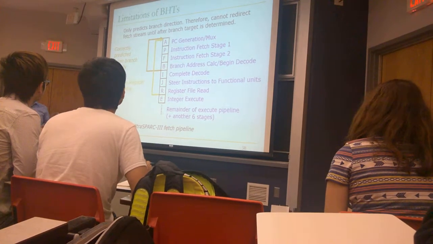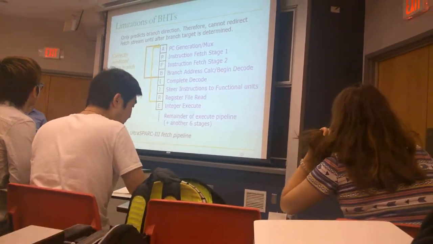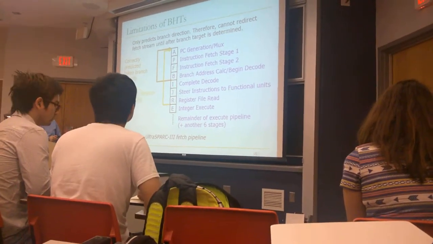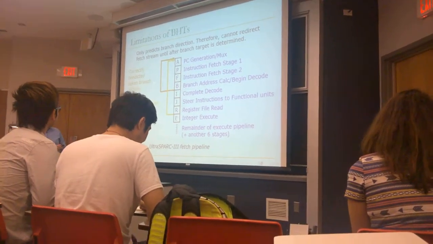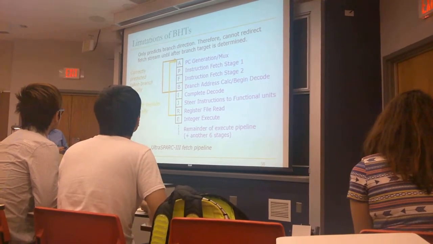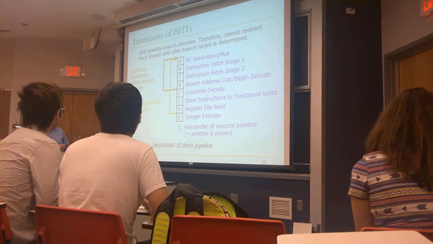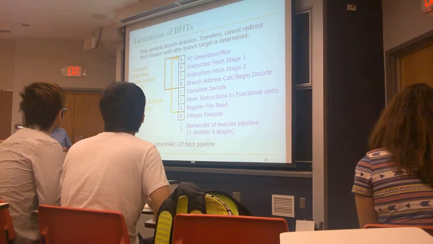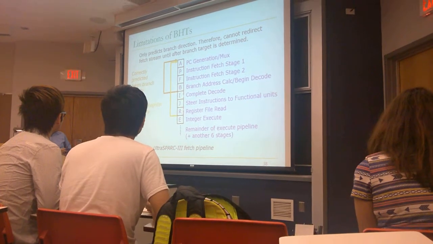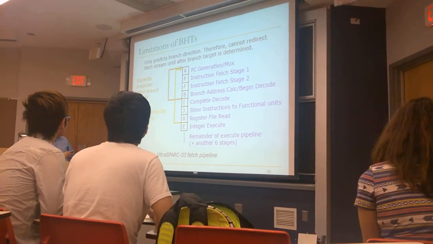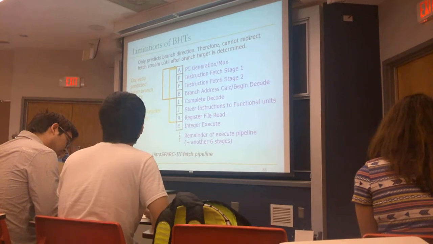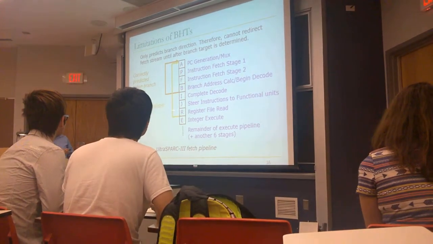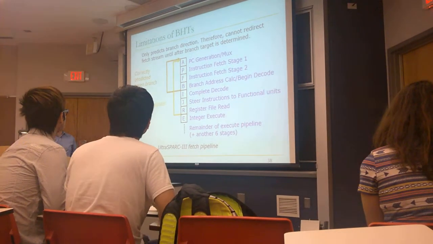Here is a limitation of the branch history table. We will know whether it's correctly predicted or not after the branch, and we will have the jump register penalties after the JR. So the penalty for the taken or not taken is 4 clock cycles, and for the JR, the penalty is 7.